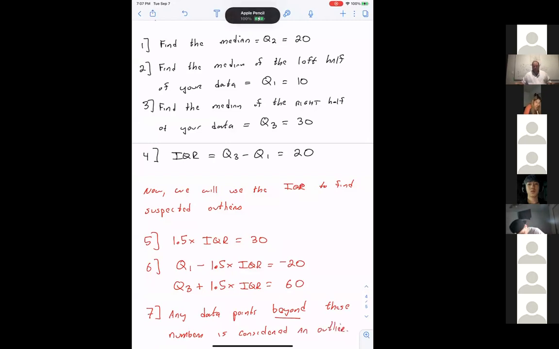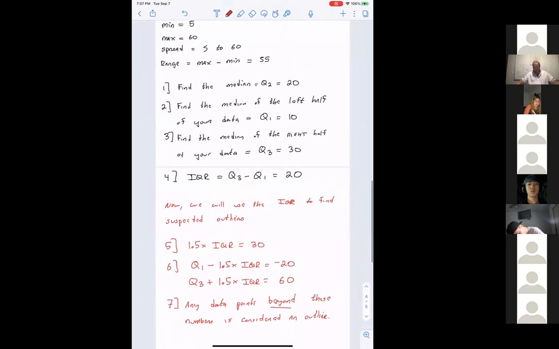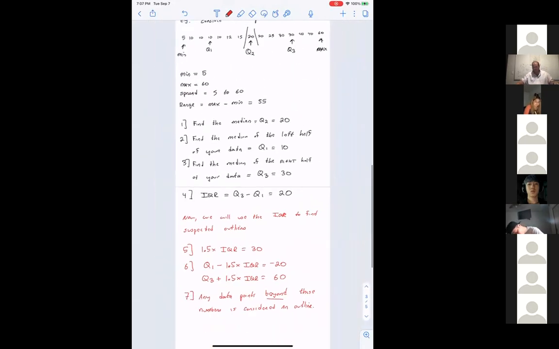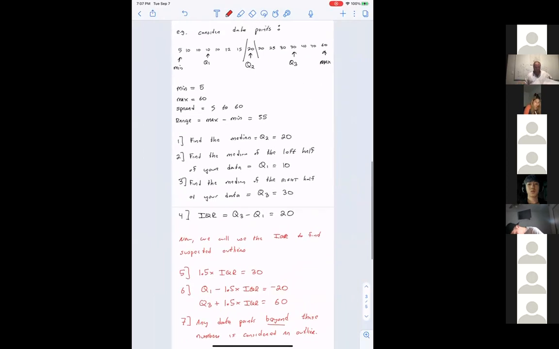So, do we have any data points beyond -20? No. Do we have any data points beyond 60? No. So by the 1.5 times the IQR rule, this collection of data points has no outliers. However, of course, 60 falls right on the border.